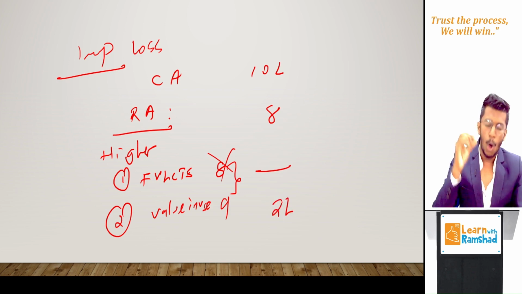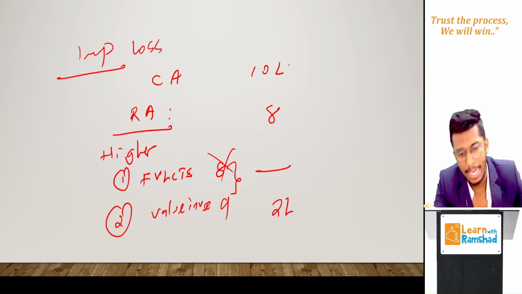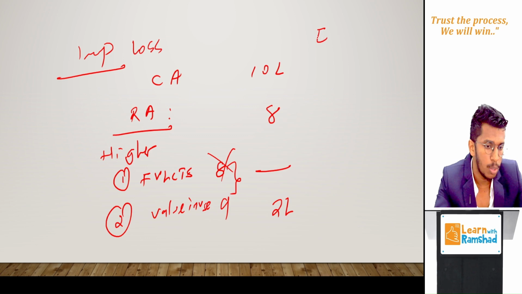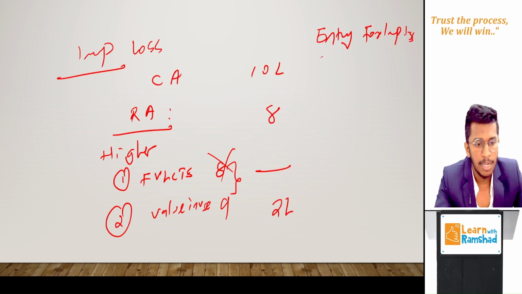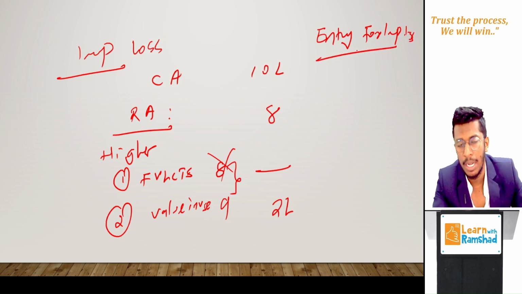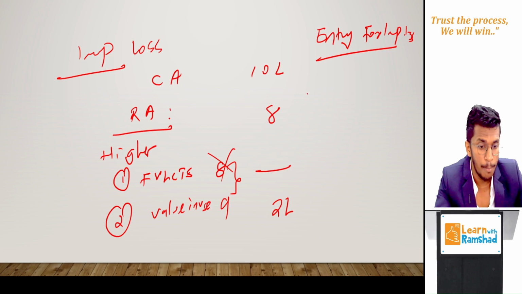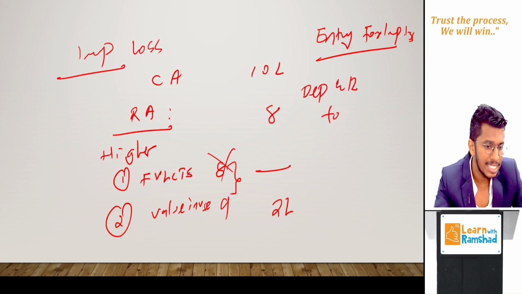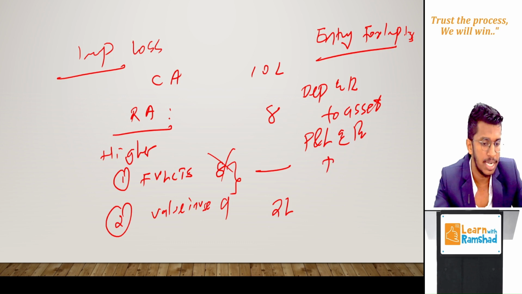So then on that date, we will pass an entry. Now we have to see what will be the basic entry for impairment loss. Remember, you know the depreciation entry: depreciation account debit to asset account, and every year this depreciation will be transferred to P&L account, and then we will have a transfer entry.